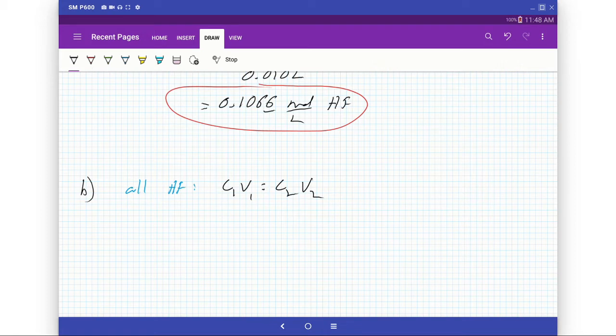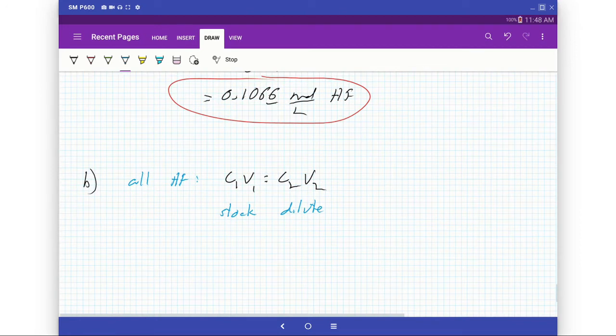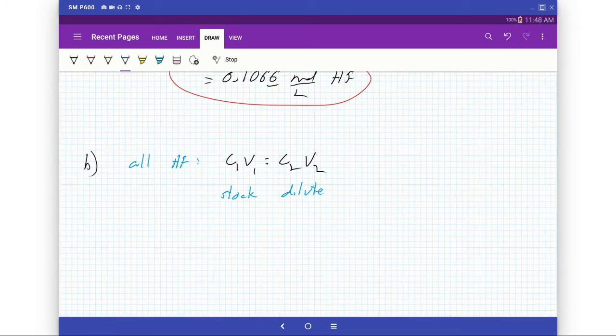And so we're going to say that this is our stock and this is our dilute. It really doesn't matter how you set it up. And we're interested in determining the volume of our stock solution that was spilt. That's C2V2 over C1.